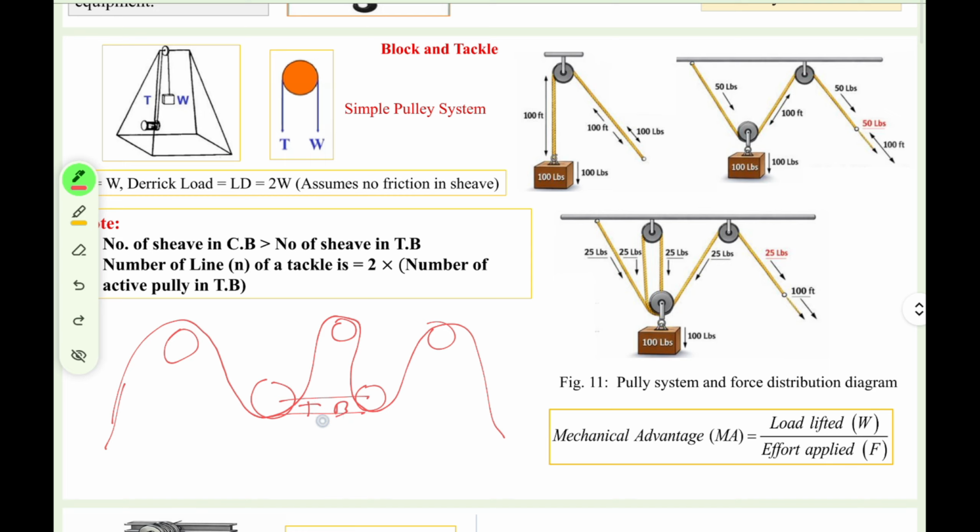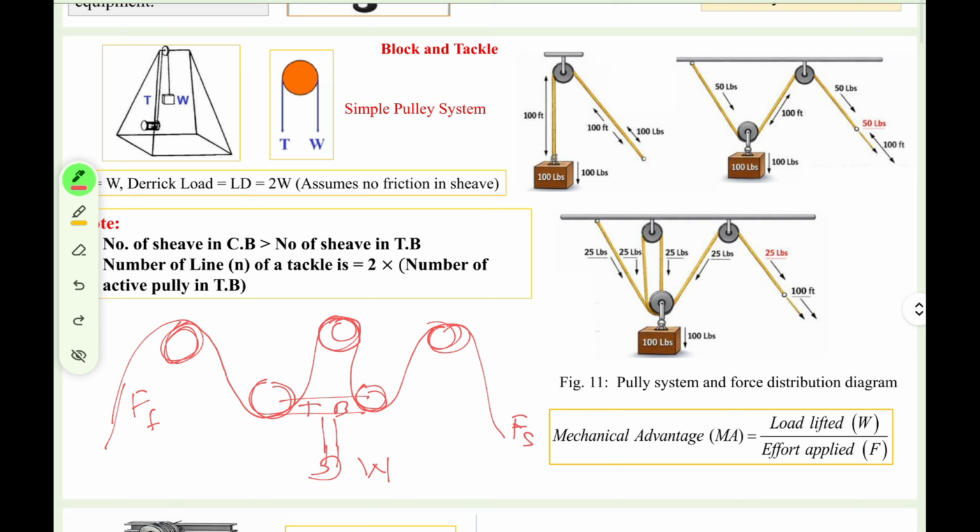There is a hook, and from the hook hangs a weight W which is loaded. This is the fast line F I am representing over here, and this is the dead line FD or FS, according to the nomenclature; you can search in the book. These are pulley 1, 2, 3, 4, 5. This is the pulley system.